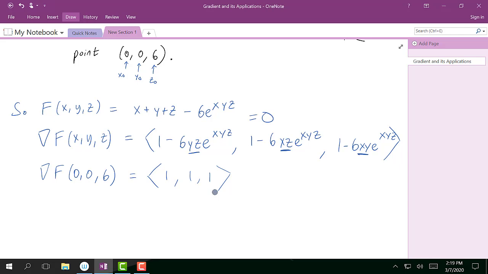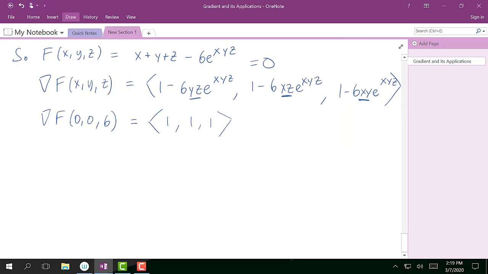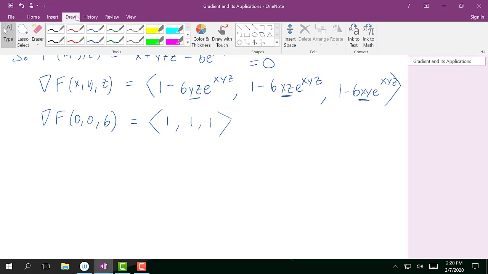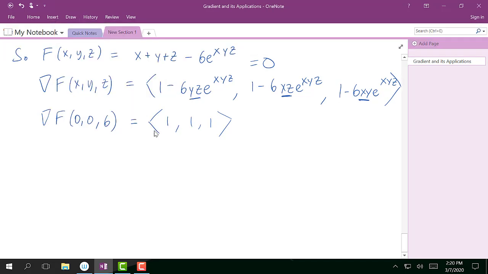To get the equation of the plane, again, we take the dot product of the gradient at a point with a point on the plane. So we end up saying that the gradient of f at (0, 0, 6), dotted with x minus x naught, y minus y naught, z minus z naught, equals 0.